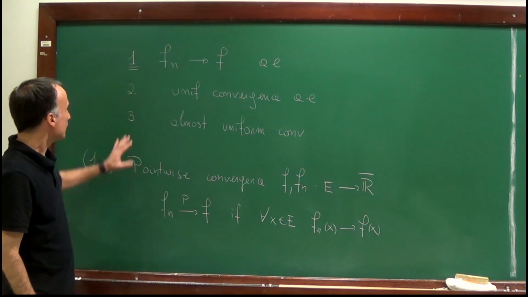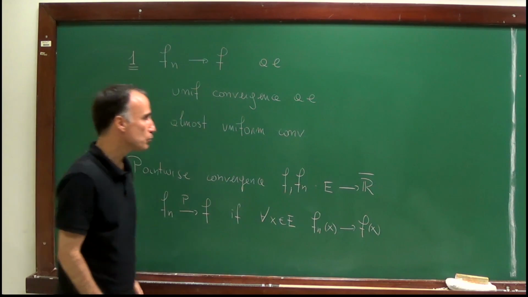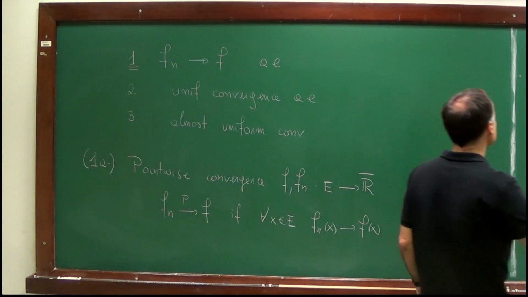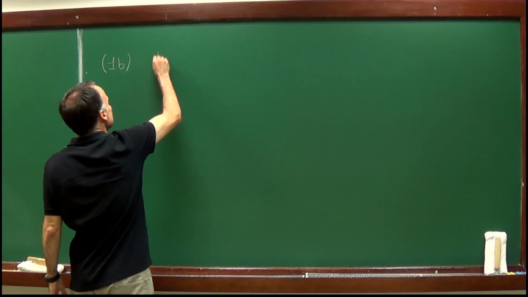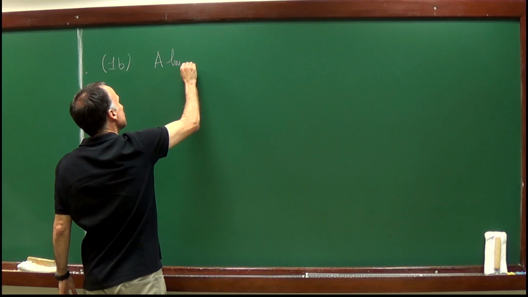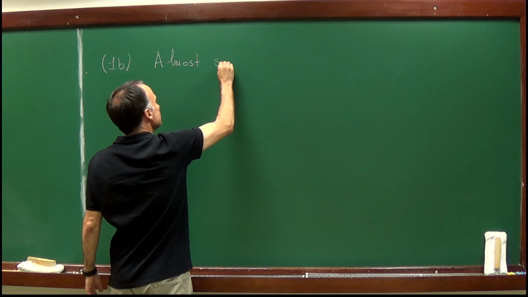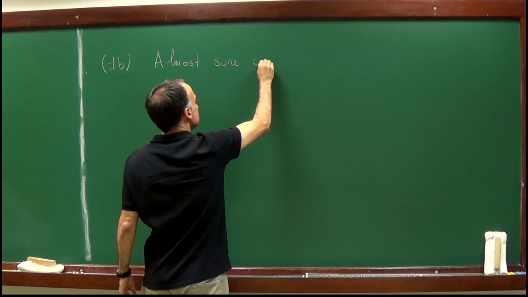With this in mind, we will now define almost sure convergence. So this is 1b, almost sure convergence.